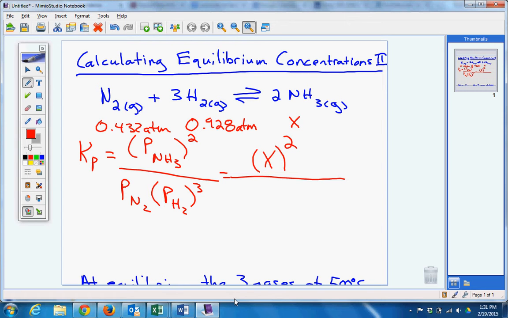So if you don't take your value and put it in parentheses, then square it or cube it, you're never going to have the right answer. All right. So I put this here, 0.432 and 0.928 cubed.